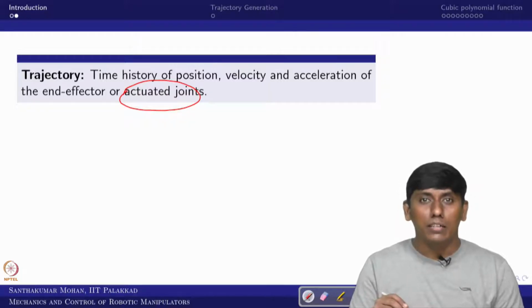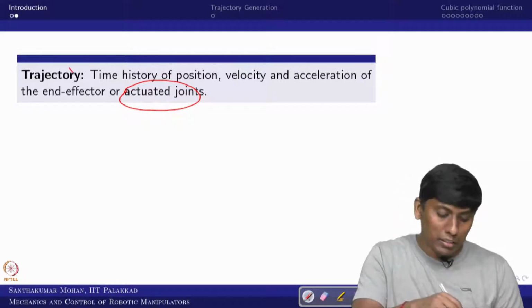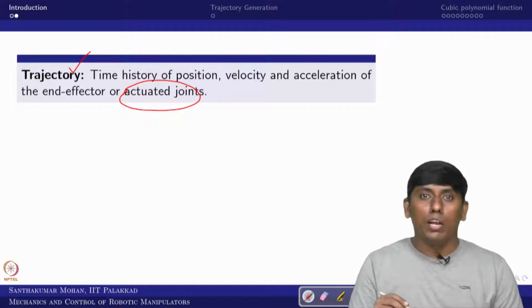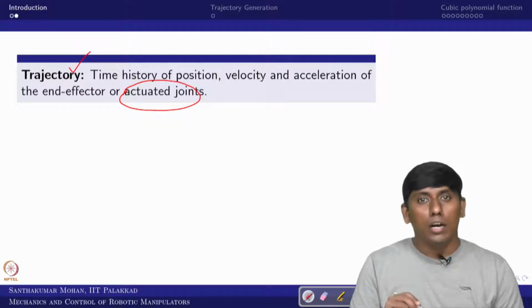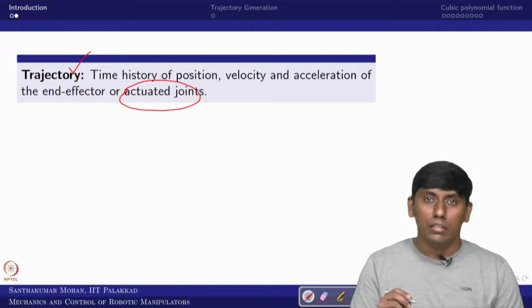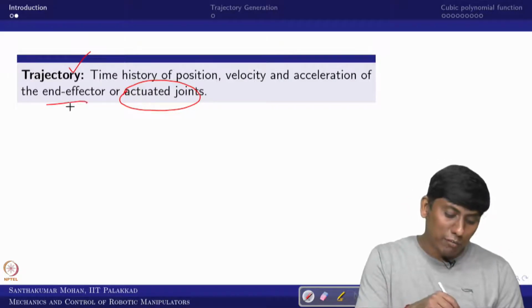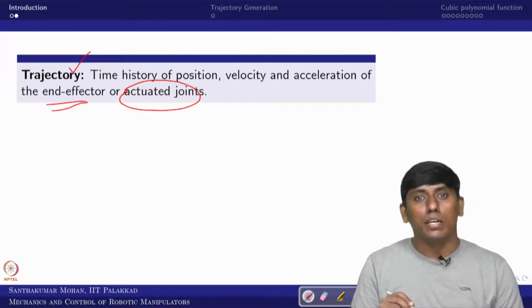That is what you call trajectory. Or if you are concerned with the operational space, where the end effector position, velocity and acceleration need to be generated, then that is the end effector trajectory.